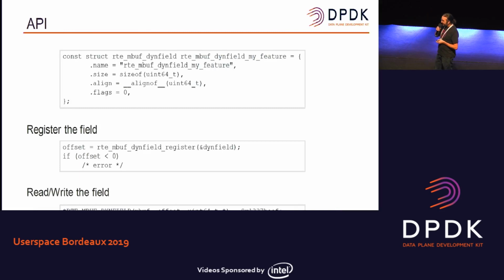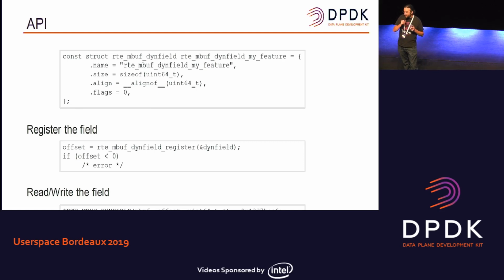For each dynamic field, you will have to describe its name, the size, the alignment, the flags. To register, there is a function. It returns you the offset in the mbuf structure, and you pass the descriptor, the parameters of this dynamic field. This function will be called by the PMD or the application or both.